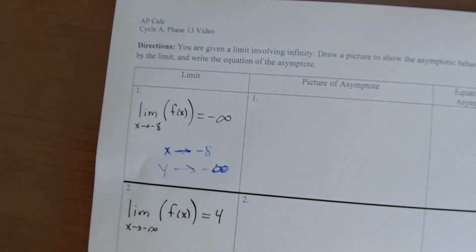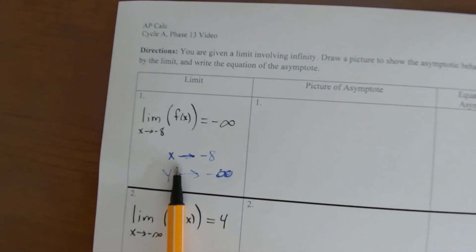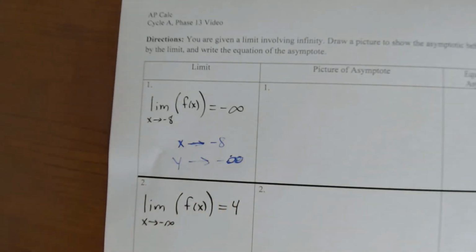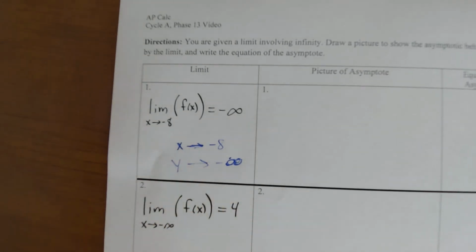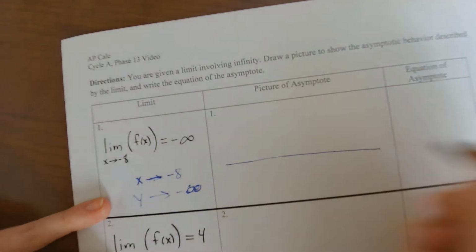Here's a nice way of remembering which type: x equals a constant is a vertical line. So when x approaches a constant, that's when we have a vertical asymptote, provided y is approaching some type of infinity.